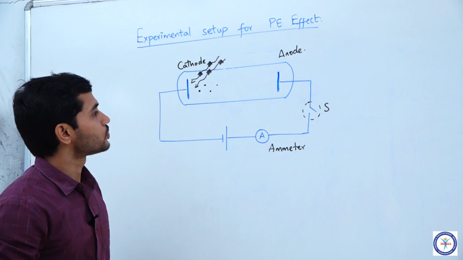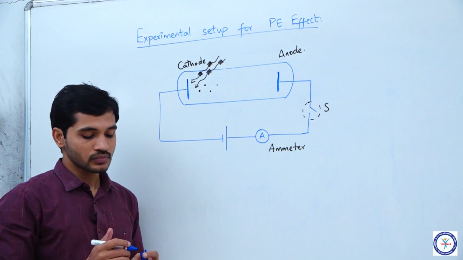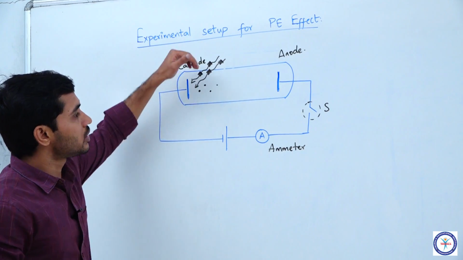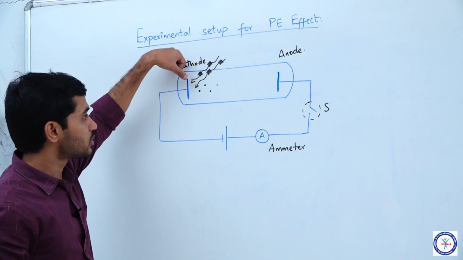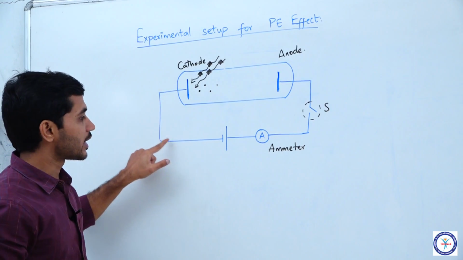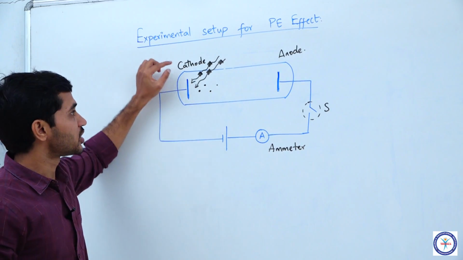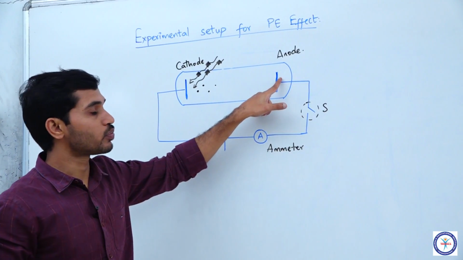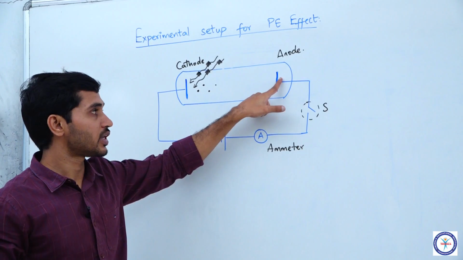Now, to understand photoelectric effect, we make sure that light is falling onto this particular metal surface. The end which is connected to the negative terminal of the battery is basically the cathode, and the end which is connected to the positive terminal of the battery is the anode.